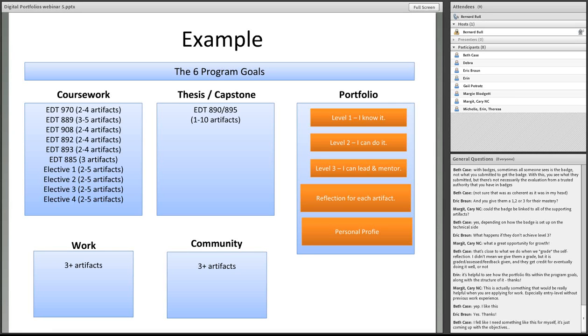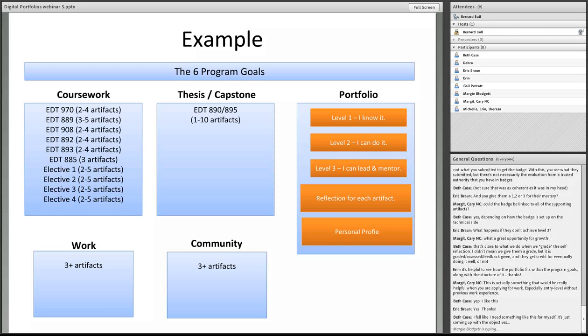They'll have to provide an artifact to earn that badge, sort of like the massive open online course that some of you are participating in right now. Those badges can then be plugged right into the portfolio. They'll still include a written reflection attached to it, but it might be a way to use both badges and a portfolio assessment.